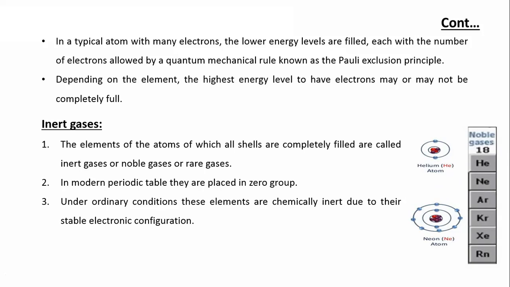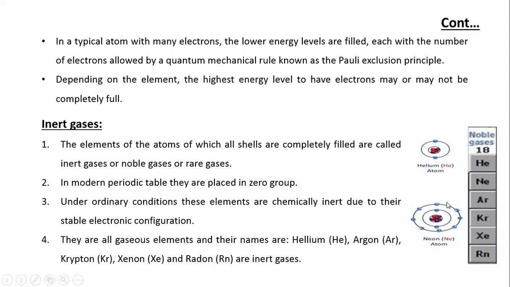Same goes with neon. Neon has two energy levels, and the outermost level has the capacity to bear 8 electrons, which is completely filled. So inert gases do not react with other elements. They are all gaseous elements.